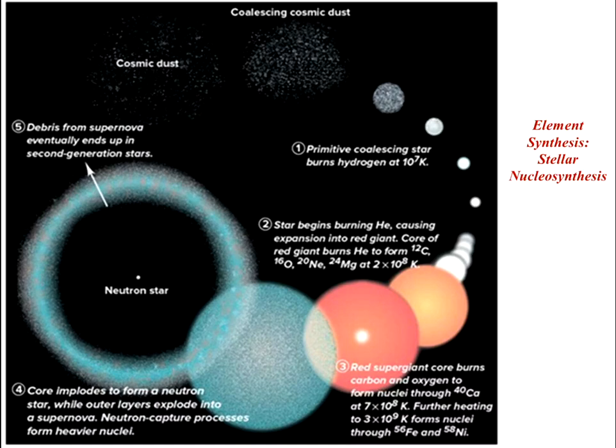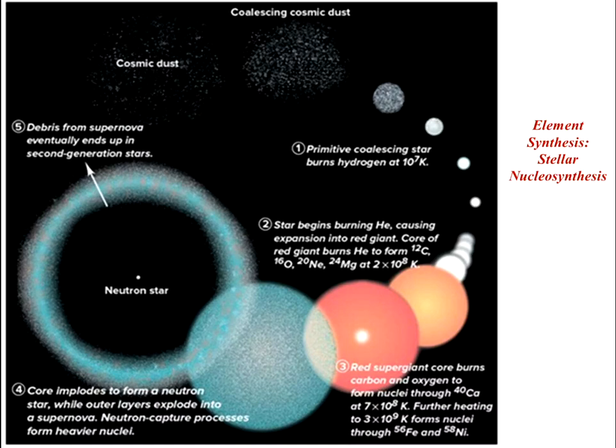Now, for larger systems, larger stars, as the lifetime of the star continues on, the gravitational force continues, and the star can begin heating and proceed through a series of burning processes where helium then can move on to form heavier nuclei. For example, carbon-12, oxygen-16, neon, magnesium.